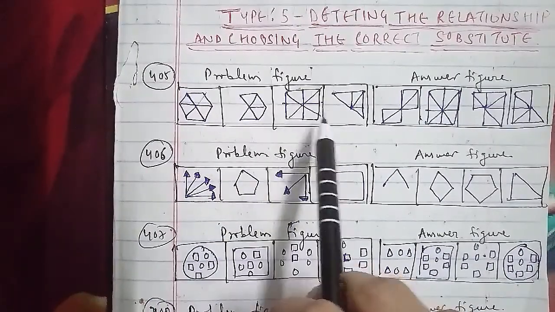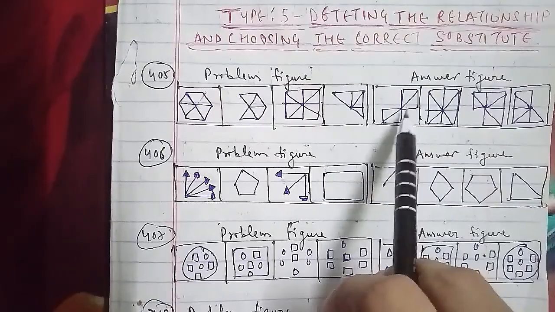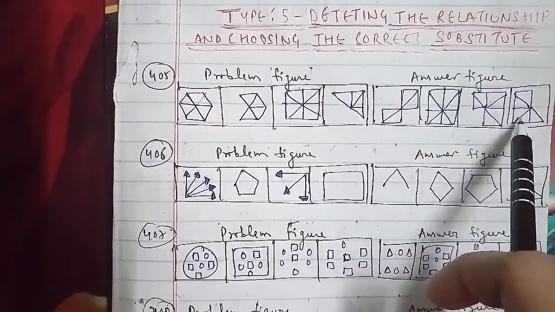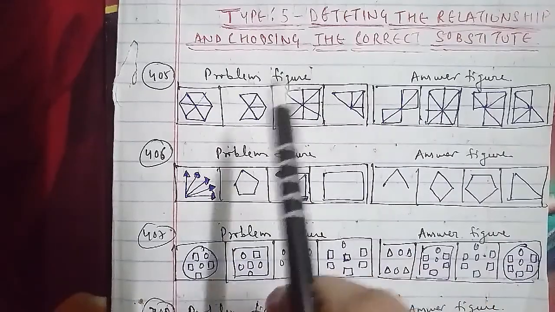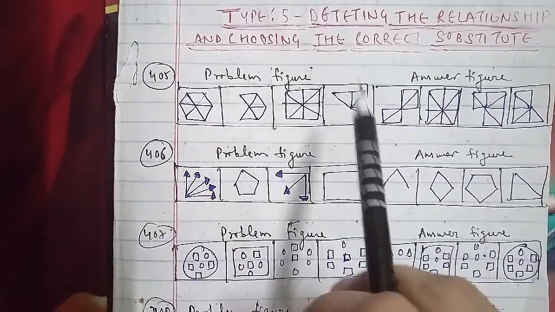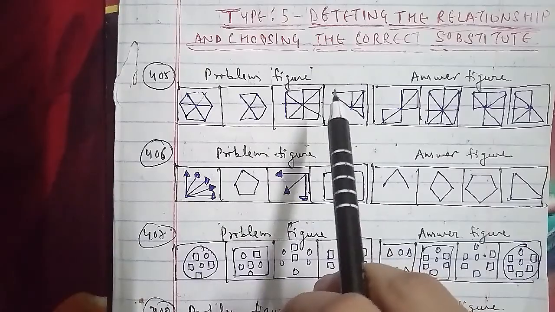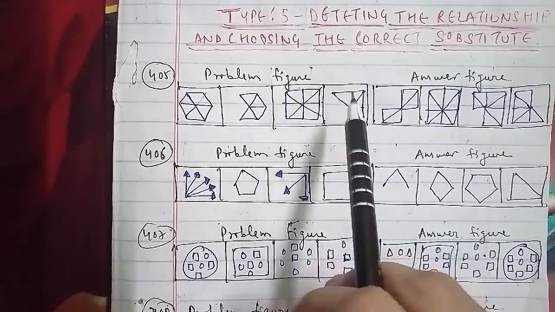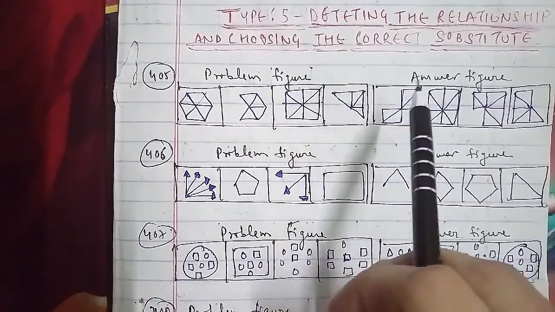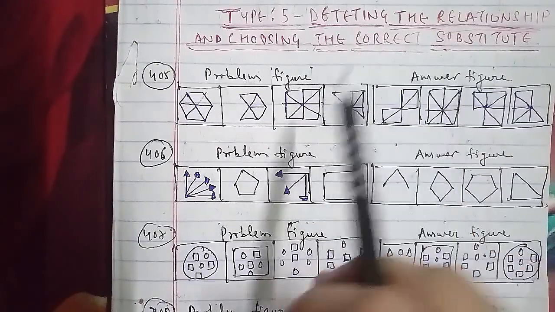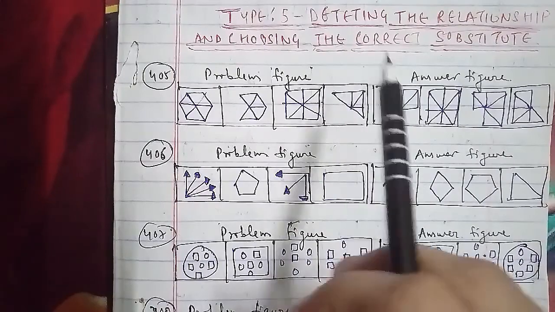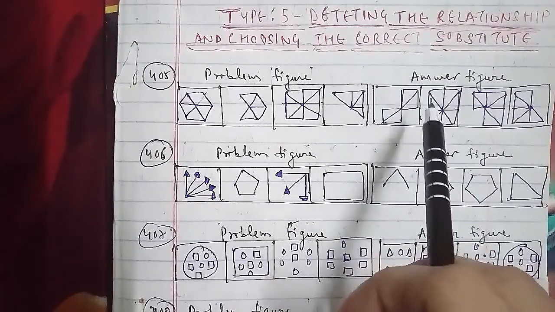So it is required to select a figure from the answer set which best substitutes figure D of the problem set, such that element D is related to element C in the same way as element B is related to element A. If none of the answers is suitable, then the answer is 5. So if none is suitable, the answer will be 5, otherwise it will be one of the figures.